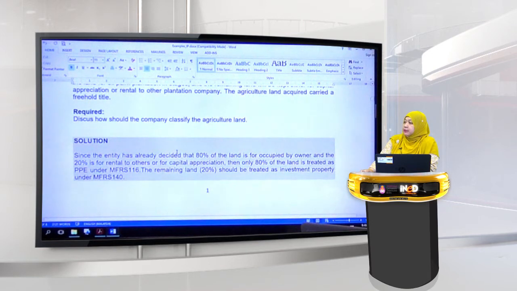Now, meaning that this land is partly occupied by the owner and partly is held for rental or for capital appreciation, right? So, in this case, 80% of the land should be treated under PPE under MFRS 116, and the remaining 20% should be treated as an investment property under MFRS 140.